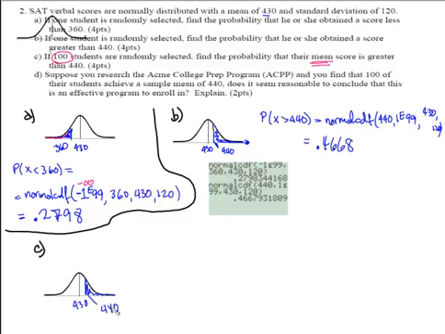But the big difference here is because this is taking a look at 100 students that are being randomly selected, and then you're finding their mean score is greater than 440. You set up your notation not by using x, but by using x bar bigger than 440.